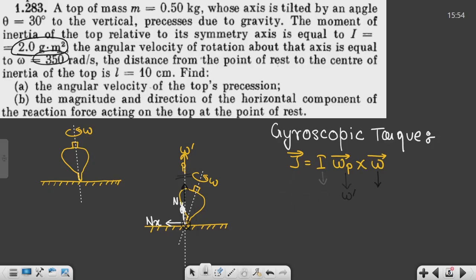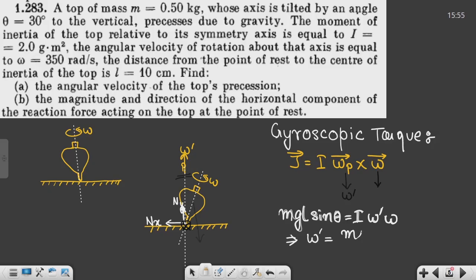So if I combine all my equations, torque is equal to mgl sine theta is equal to moment of inertia into omega dash into omega. Wait a minute, let me rewrite. mgl sine theta is equal to I into omega dash into omega, or omega dash is equal to mgl sine theta divided by I omega.